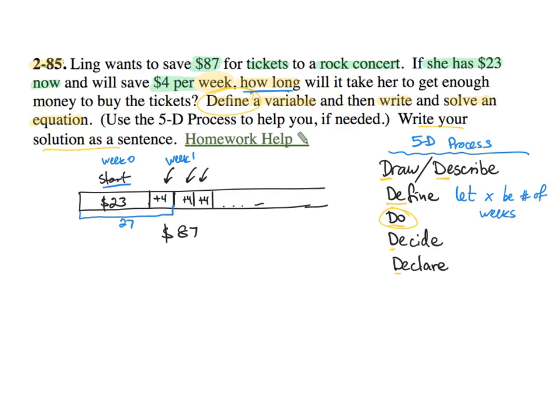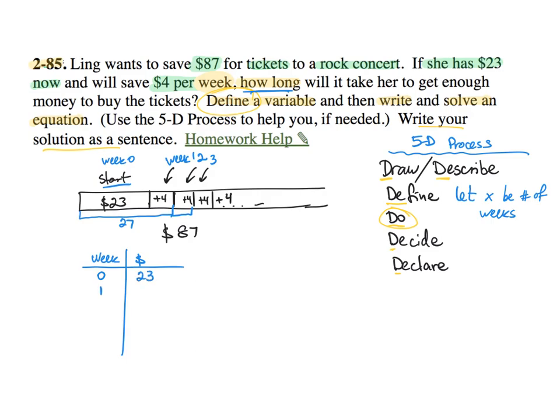With my diagram, I could keep counting. This will be week 2, so add another 4, 27 plus 4, then week 3. Or we can organize that in a table. If I do a table, I'll have week numbers and total money. At the beginning, week 0, she has $23.